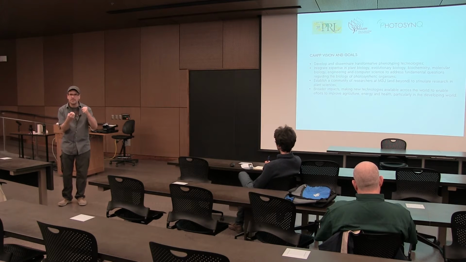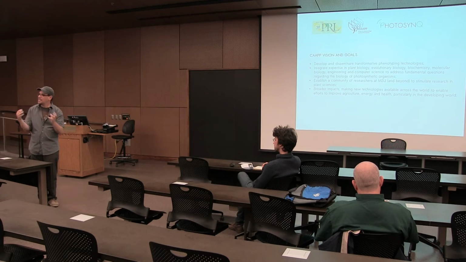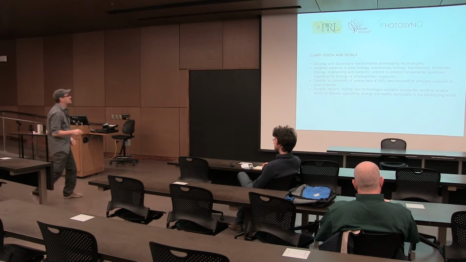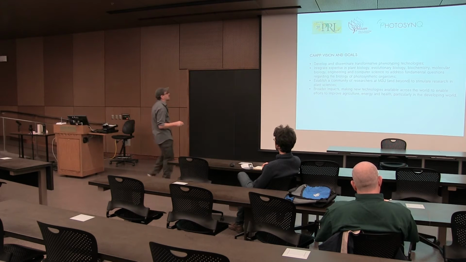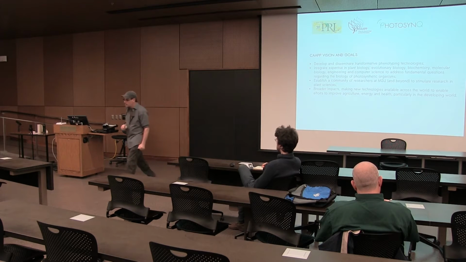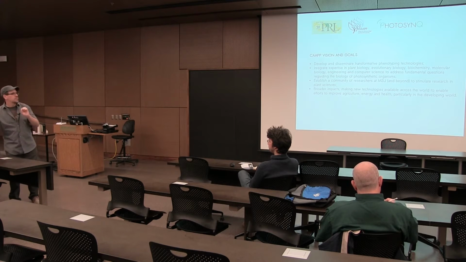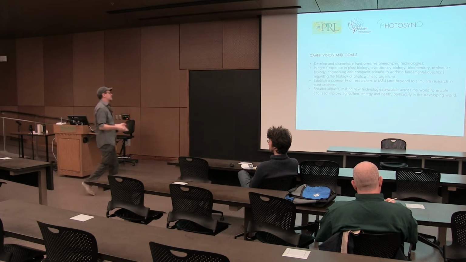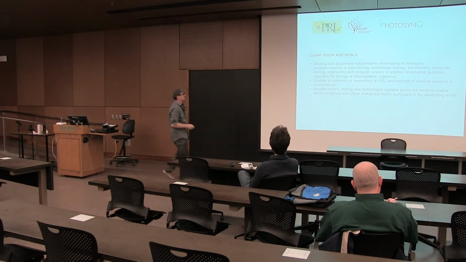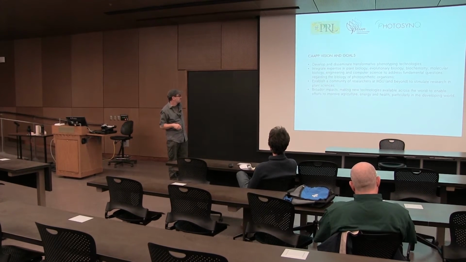To do this, you need new techniques, new technologies to do that. But along the way, we said, hey, these tools would be useful for a broader community. So that's how CAP, the Center for Advanced Algal and Plant Phenotyping, was started. And its goals are to develop and disseminate transformative phenotyping technologies, particularly for plants and algae, and to integrate various disciplines so that they can work together on solving big questions.